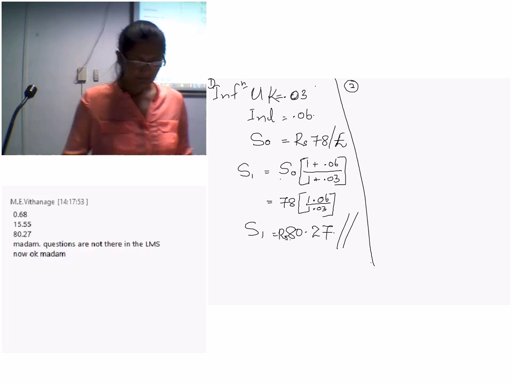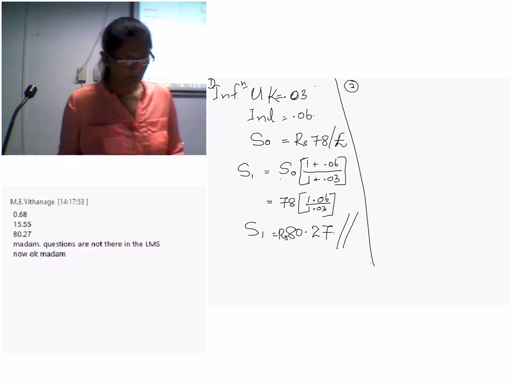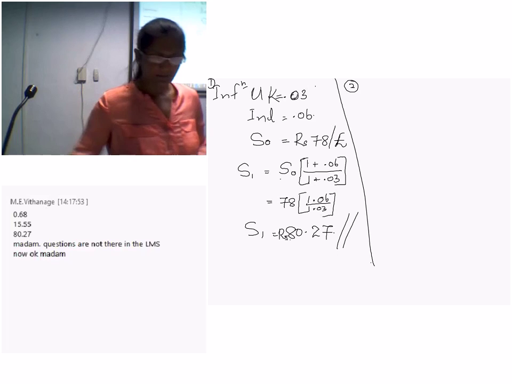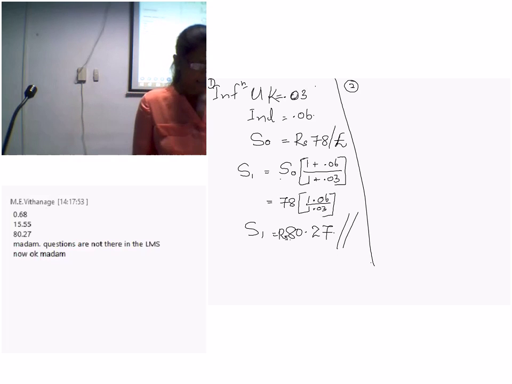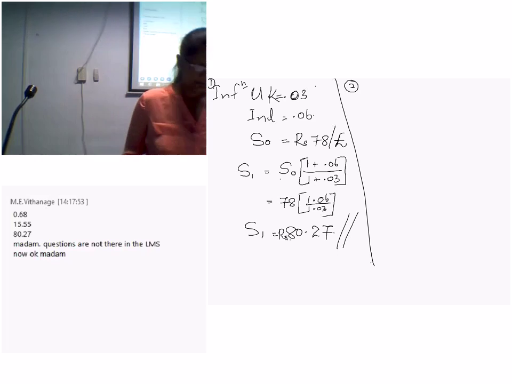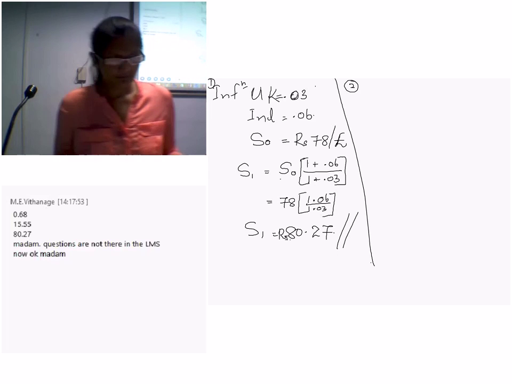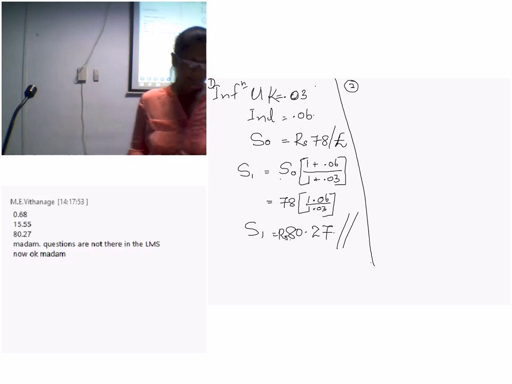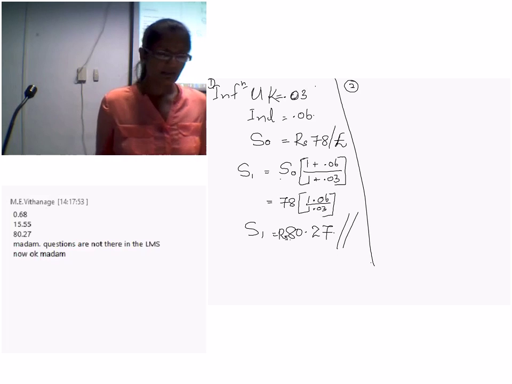Okay, question number 2. It says price indices in the UK and USA are 125 and 200. So why are these figures given? The change in price indices reflects the inflation of the country. If there is a change in the price index, we can find out inflation or deflation in the country.